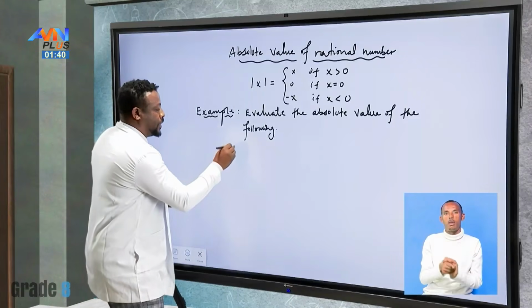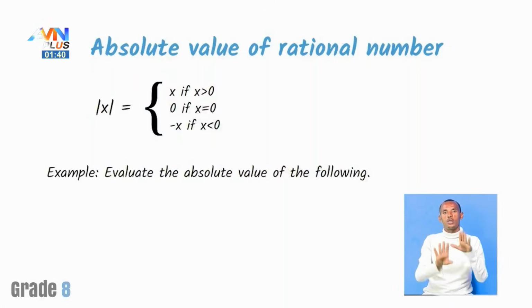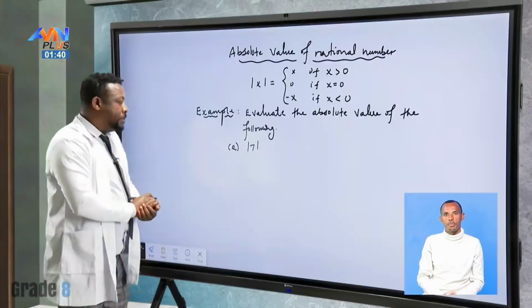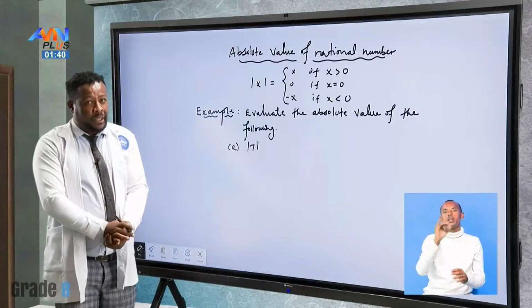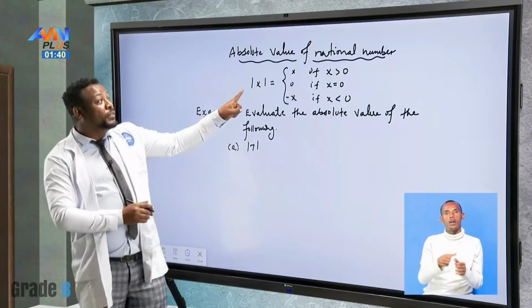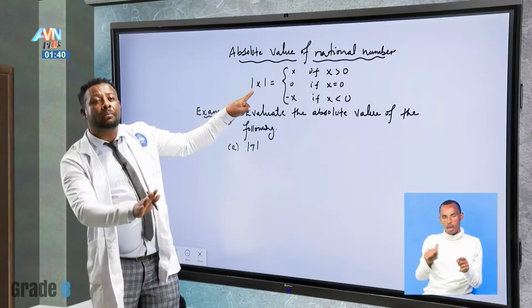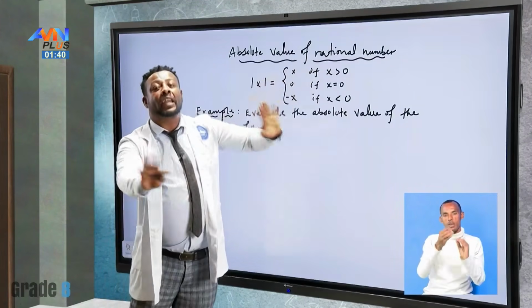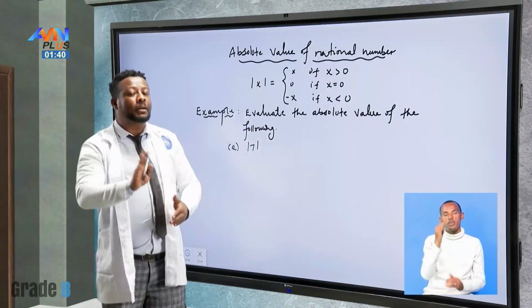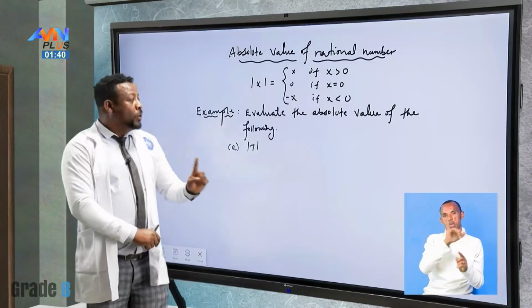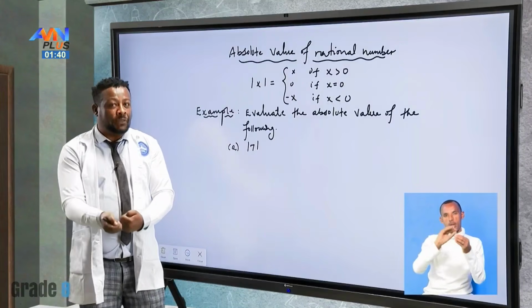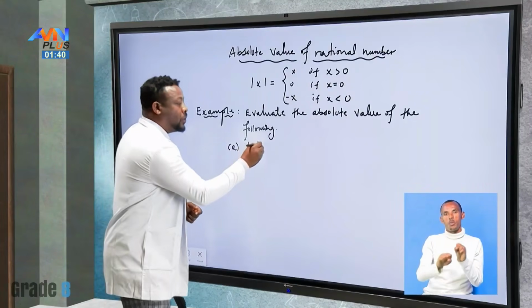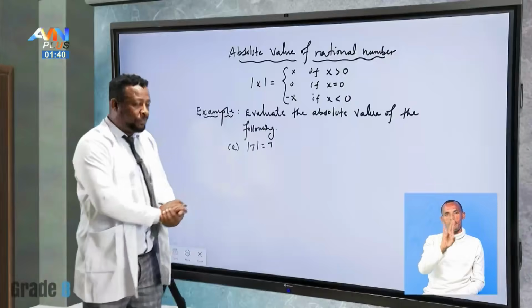For example, if we are asked to evaluate the absolute value of some number, say 7, the result will be 7. Remember, the definition of absolute value of any number is the number itself if that number is greater than 0, or if that number is positive, right? So since 7 is a positive number, the absolute value of 7 is 7 itself, right? So our answer will be 7.